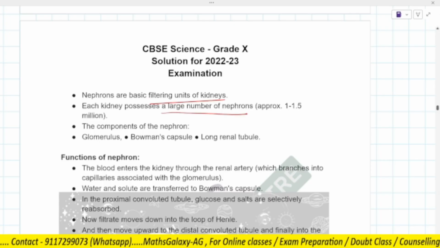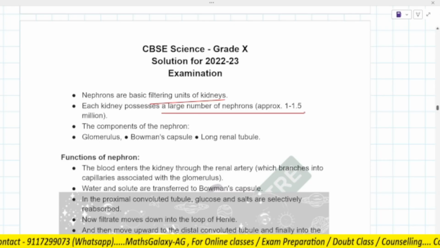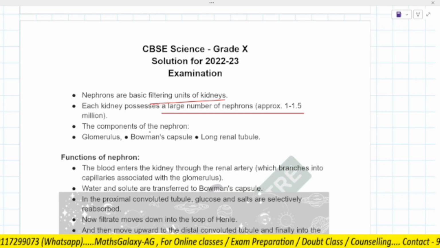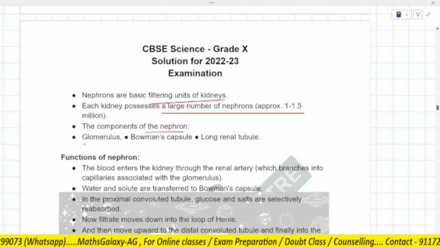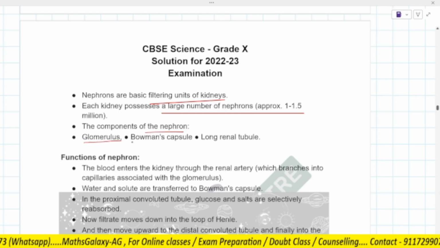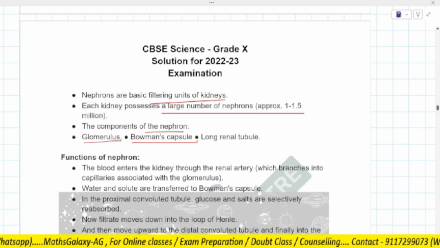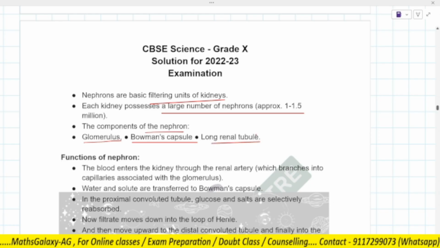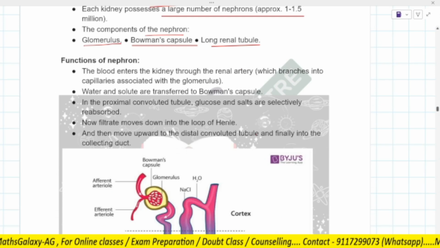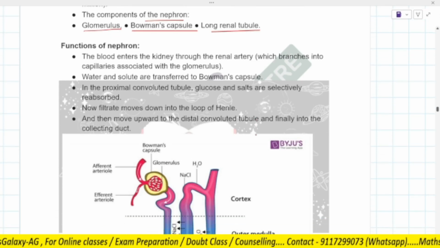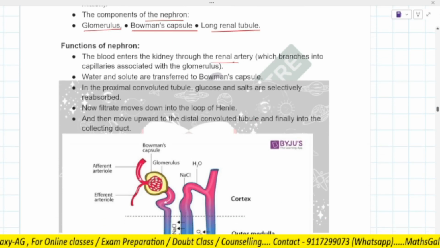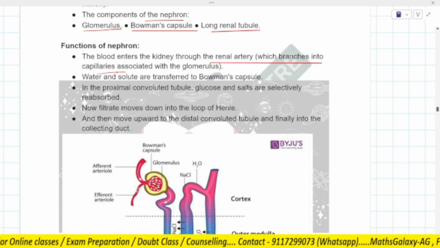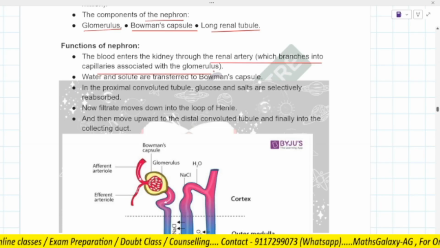Each kidney possesses a large number of nephrons, about 1.1 to 1.5 million. The components of the nephron are the glomerulus, Bowman's capsule, and the long renal tubule. As for the function of the nephron, blood enters the kidney through the renal artery, which branches into the capillaries associated with the glomerulus.